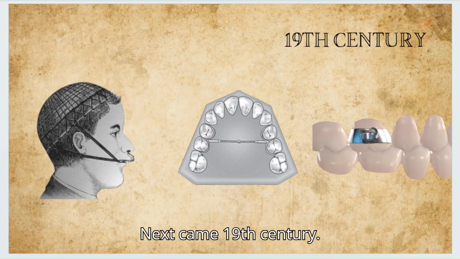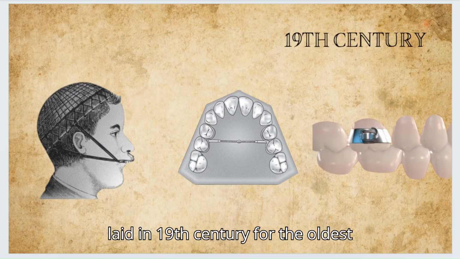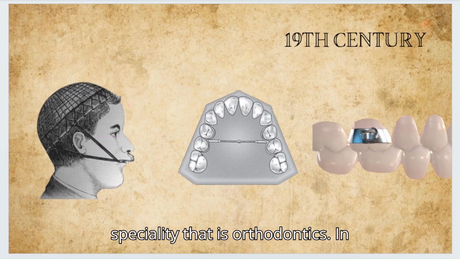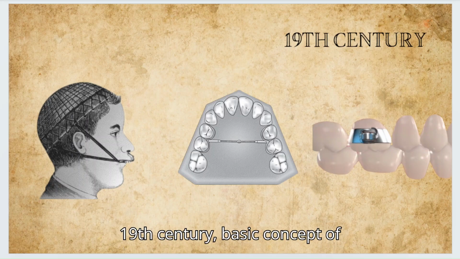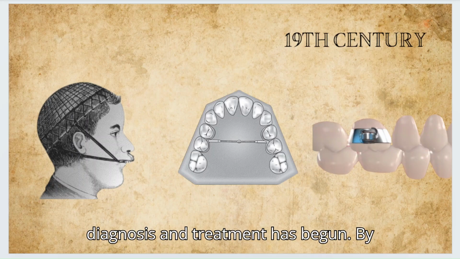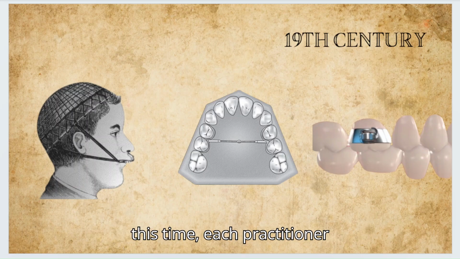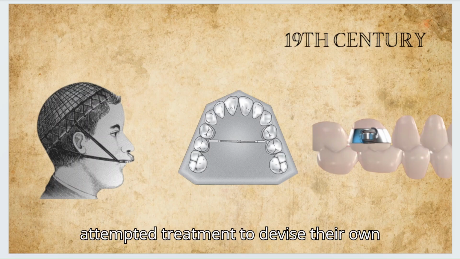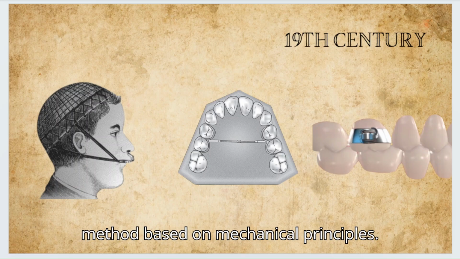Next came 19th century. Foundations were laid in the 19th century for the oldest specialty, that is orthodontics. In the 19th century, the basic concept of diagnosis and treatment began. By this time, each practitioner attempted treatment to devise their own method based on mechanical principles. Okay.